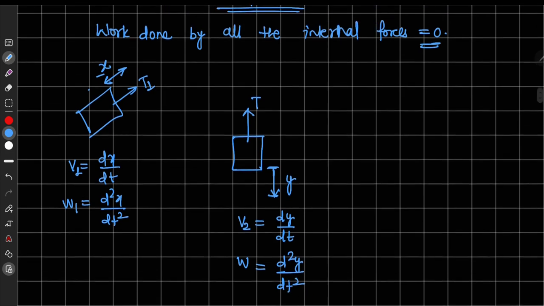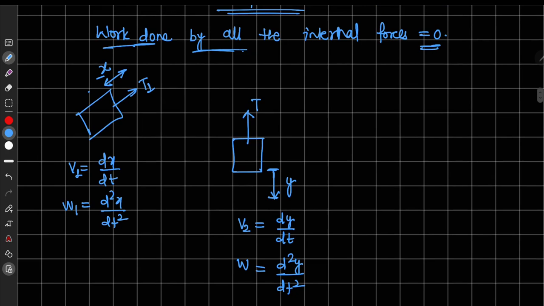Now as we have said that work done by all the internal forces should be equal to 0. So here the work done will be T1 times x, as this particular body is moving by the distance of x, and plus, as both the force and the displacement are in the opposite direction, we are having the work done of T times y is equal to 0.